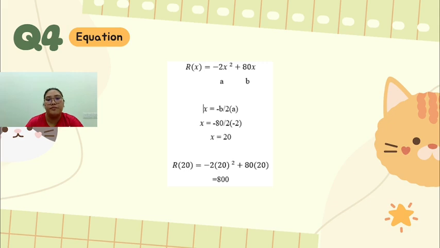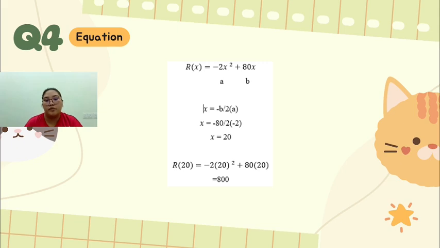For question 4, the revenue function given is negative 2x squared plus 80x. As we all know, x squared is a and x is b. So we put it in the equation: negative b divided by 2a. So x equals negative 80 divided by 2 times negative 2.